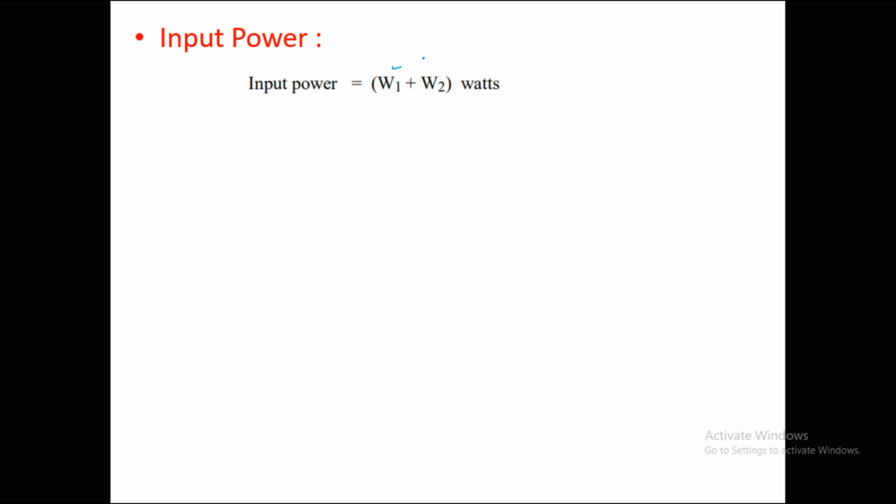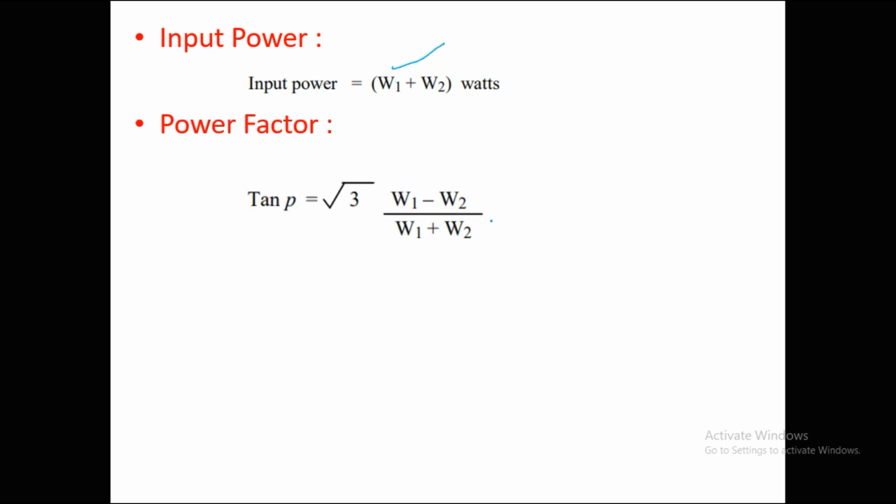And this is the input power formula. And we know the power factor formula, we might have seen this power factor formula at the time of the 2 wattmeter method. So simply by substituting the values of W1 and W2 starting from no load and the first step of loading, and then further increase in the loading, we can see the power factor value.